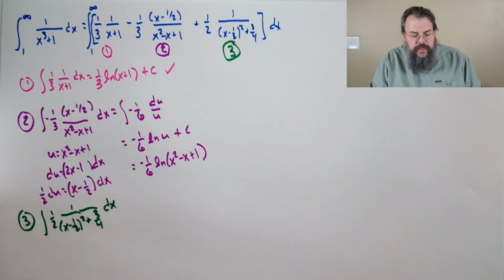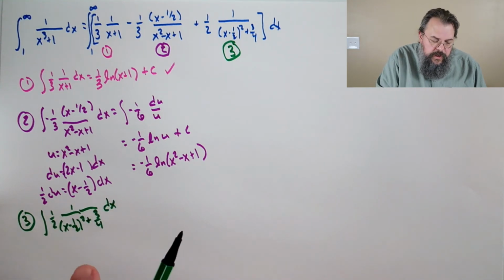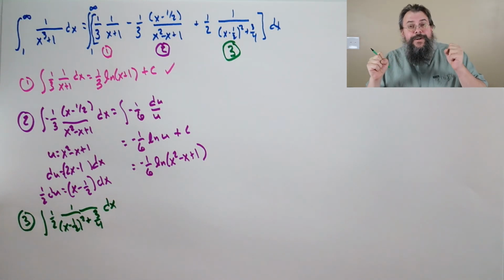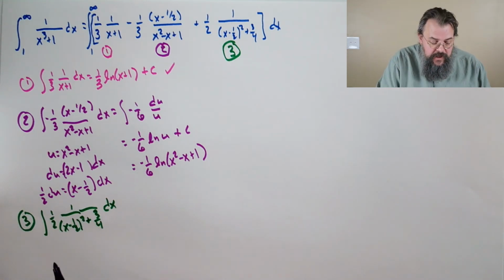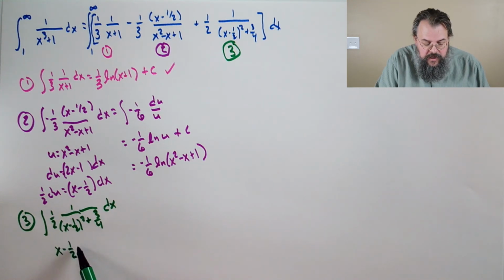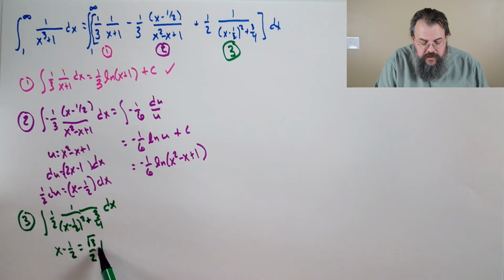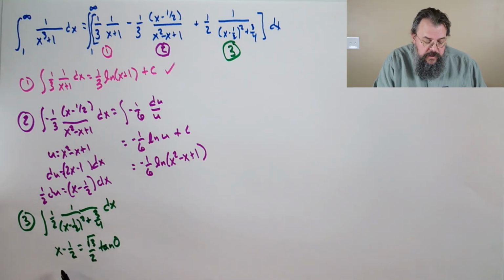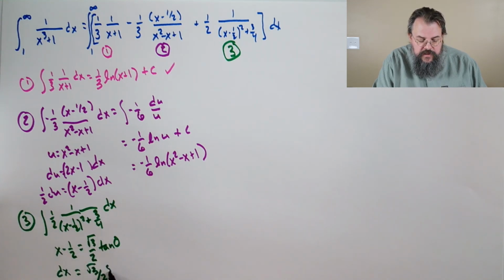We have u squared plus a squared, where a would be square root of 3 over 2. So our substitution would be x minus 1/2 equals a, the square root of 3/4, that's square root of 3 over 2, times tangent theta. Then dx becomes square root of 3 over 2 secant squared theta d theta.